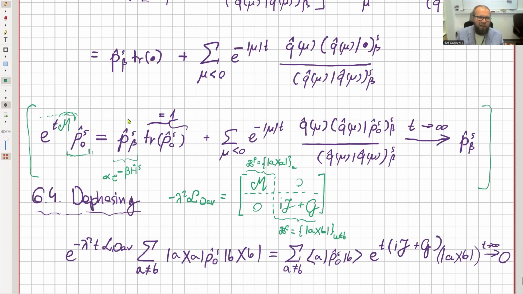And the steady state solution is the same as the equilibrium state for our system, which I denote here as rho beta, and it's proportional to e to the minus beta H_S. And we know that there is only one, from the H theorem, which we talked about previously, zero eigenvalue. That is why there is no exponent here, right? Because it will be e to the power 0 times t.